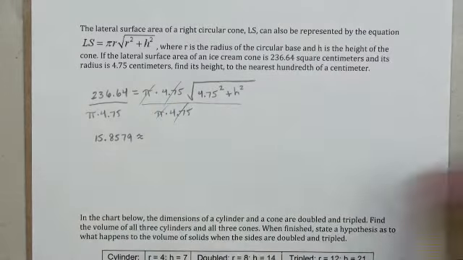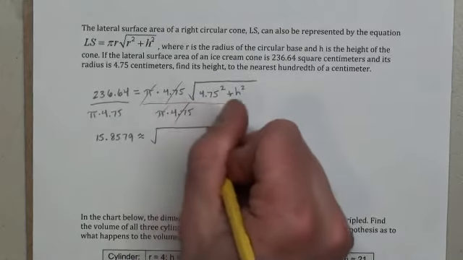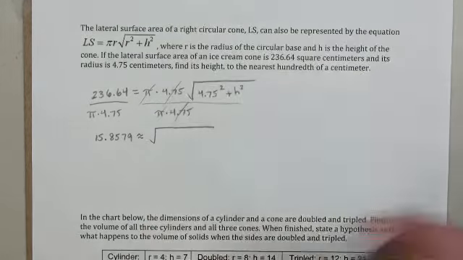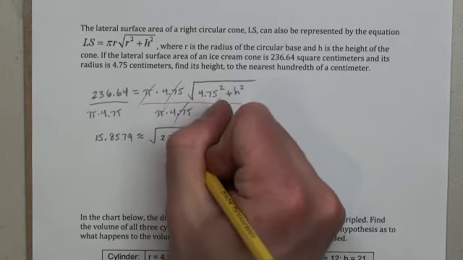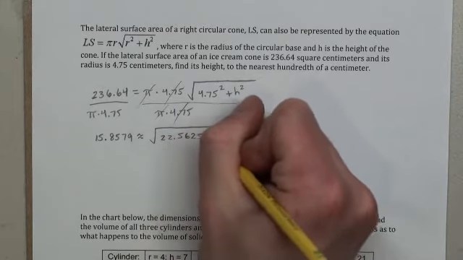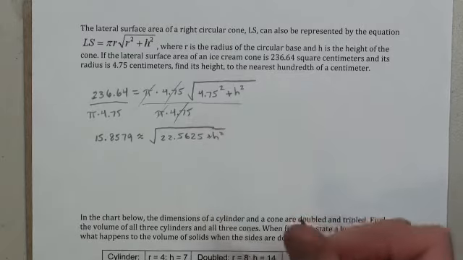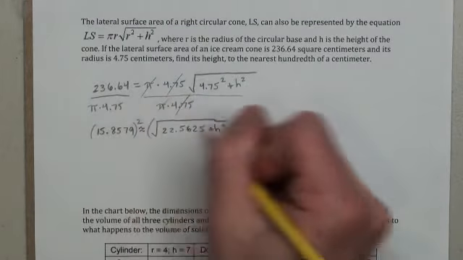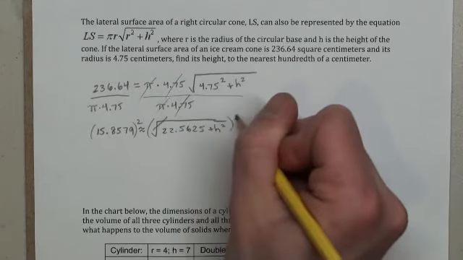And that's approximately equal to the square root. Now we have 4.75 squared, 22.5625, plus h squared. Now we're going to square both sides, because that will get rid of that.